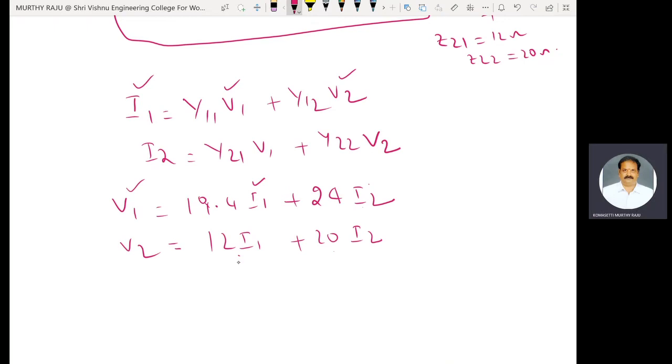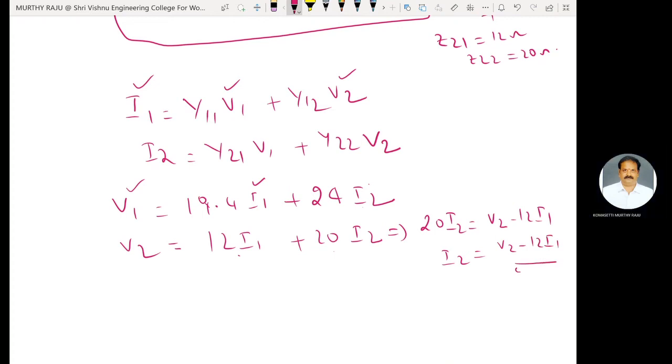Therefore, finally, that first equation in the form of V1, I1 and V2. From this one, 20 I2 is equal to V2 minus 12 I1, so I2 is equal to V2 minus 12 I1 by 20. This equation is replaced here.